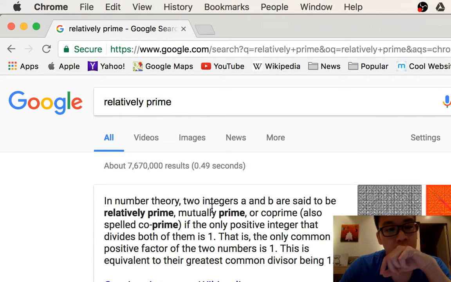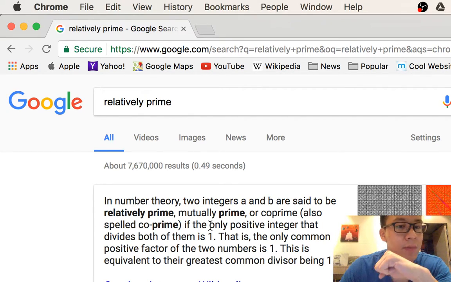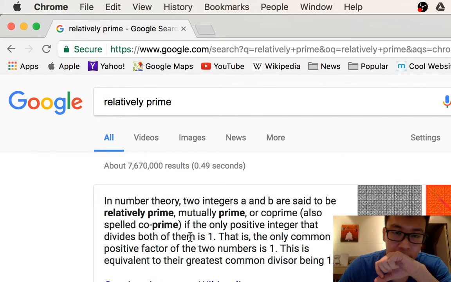But 3 and 5 are, because the only positive integer that divides them both is 1. So 2 and 5 are relatively prime as well. And 8 and 9, even though neither of them are prime numbers, they're relatively prime as well.